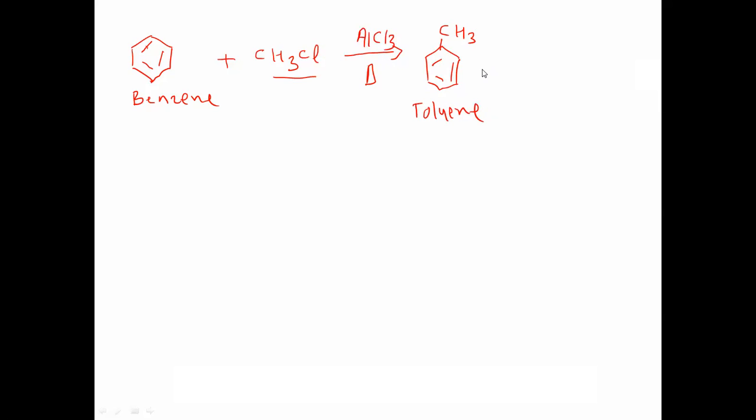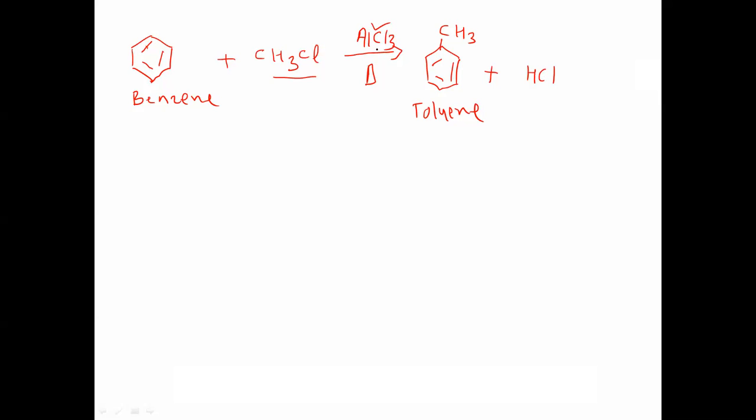So there must be a byproduct, so I should write the byproduct. What is the possible byproduct? The hydrogen which is replaced by the methyl group will combine with chlorine, and we will get hydrochloric acid, HCl, as a byproduct. In this case, aluminum chloride is a catalyst, so it will not take part in the actual chemical conversion.